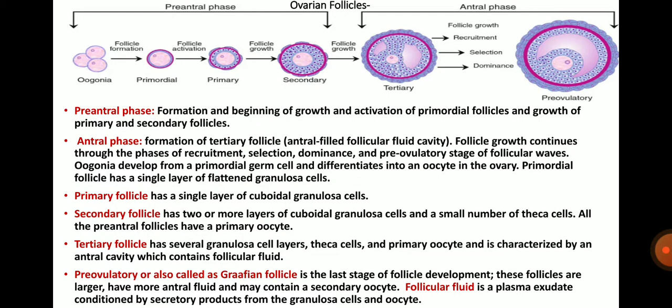So in the ovarian follicles, I told you the growth and development of the follicles is under the influence of the hormone FSH. Embedded in the highly vascular connective tissue of the ovary cortex are many tiny sac-like structures which are called ovarian follicles. Each follicle consists of an immature egg called oocyte, and it is encased by one or more layers of very different cells.